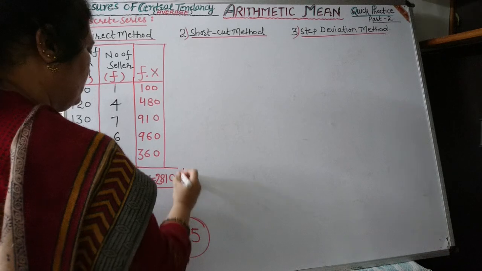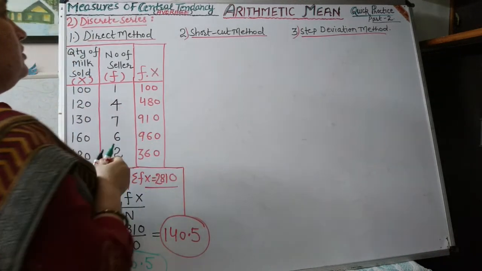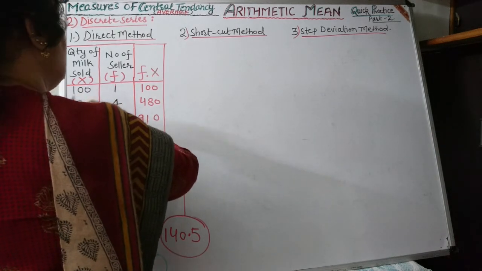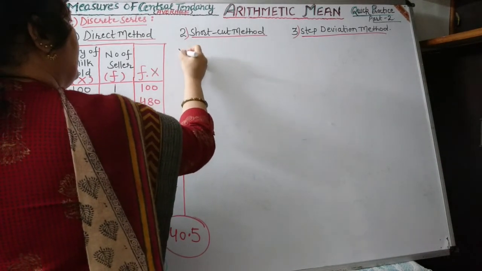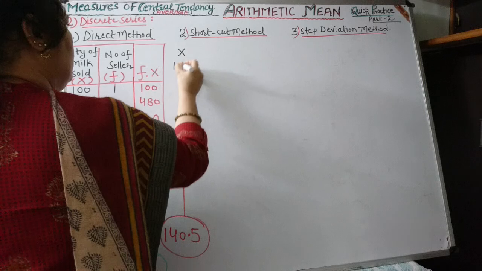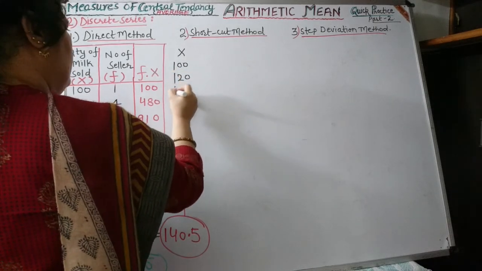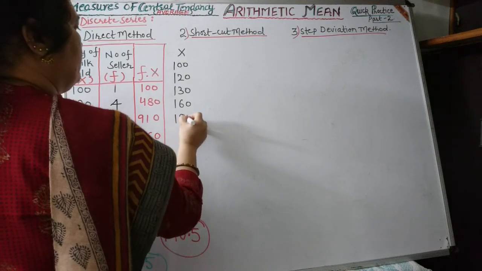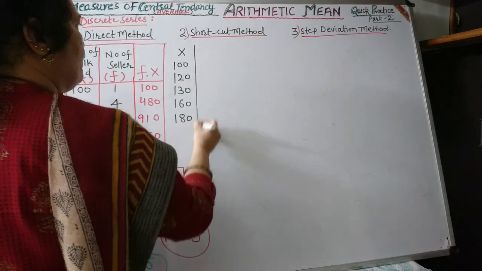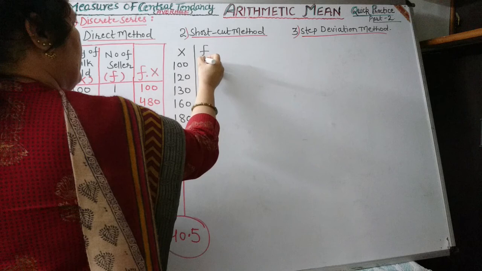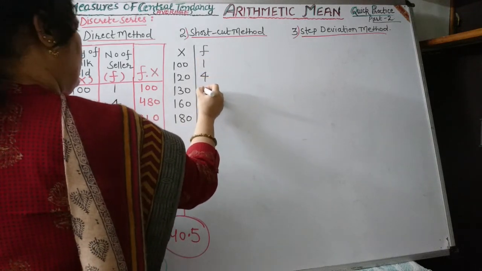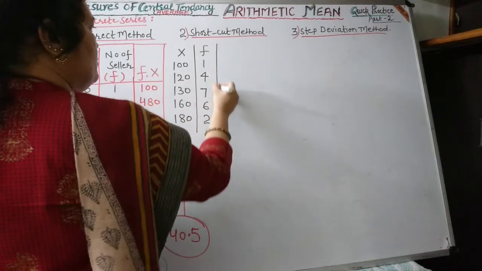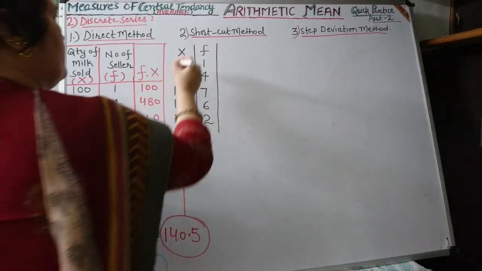And now let us calculate the values by shortcut method. I am taking the same values. The values of x are 100, 120, 130, 160 and 180, and the values of f are 1, 4, 7, 6, 2. These are the values which are given in the statement.